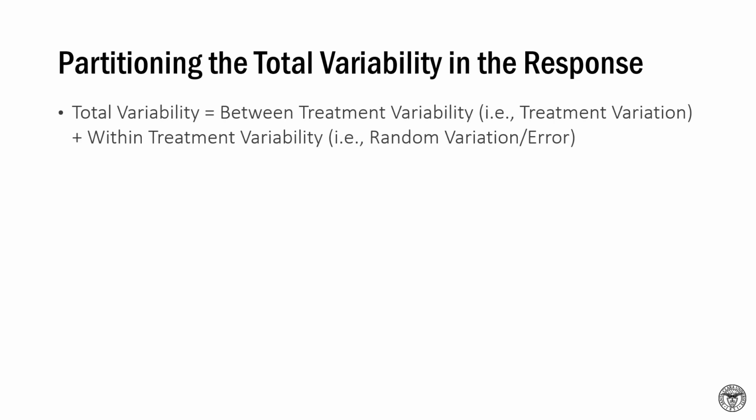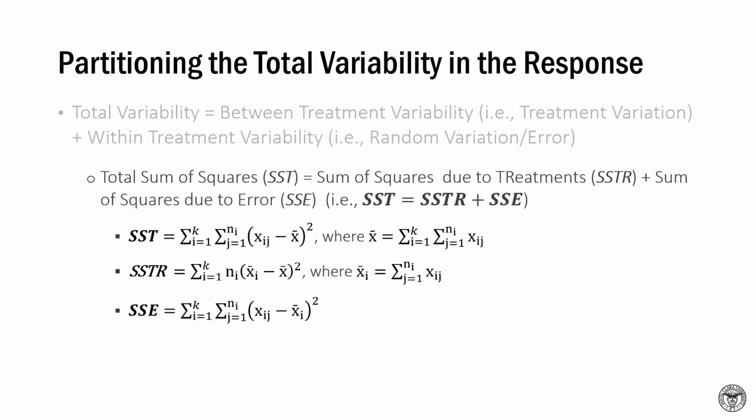ANOVA can be viewed as the process of partitioning the total sum of squares and the degrees of freedom into their corresponding sources, treatments, and error. The total sum of squares, SST, is the overall sample variance that would be obtained if we treated the entire set of observations as one data set.